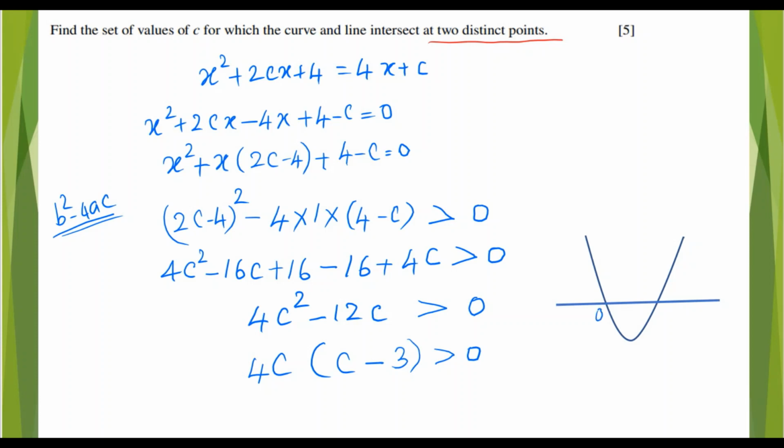So this is 0 and this is 3. Okay. So by looking at the sketch, we know the value of c should be here and in this region.